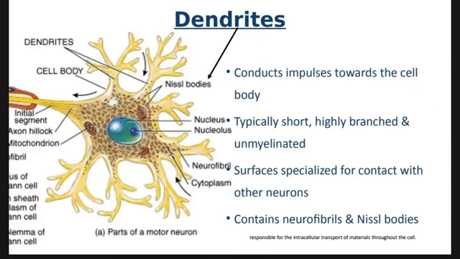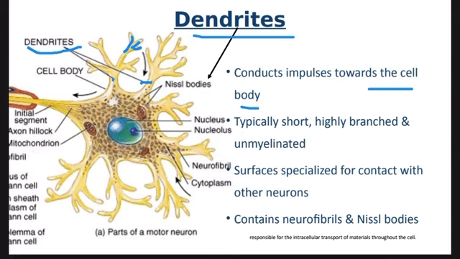This is the structure. We have what you always know as dendrites. What is their ability? This is the dendrite. If you see it here, these are the branches. What they actually do is conduct impulses toward the cell body. They're the receiving end.